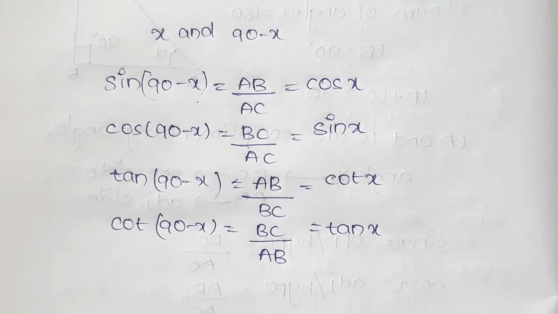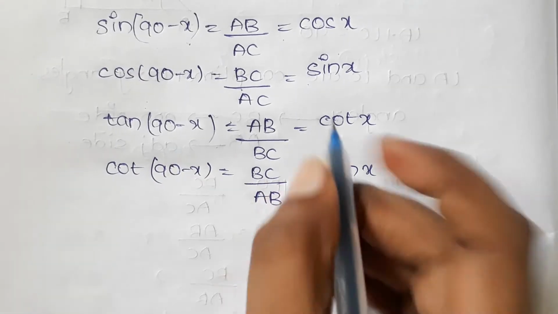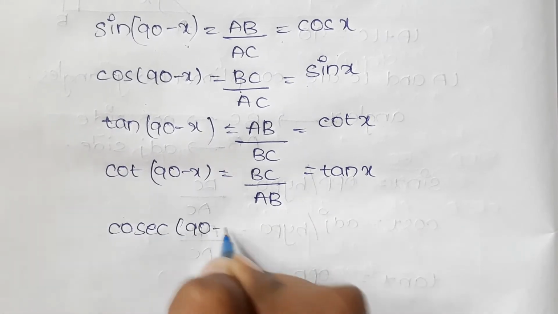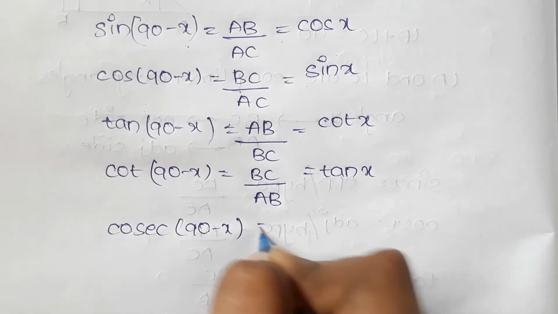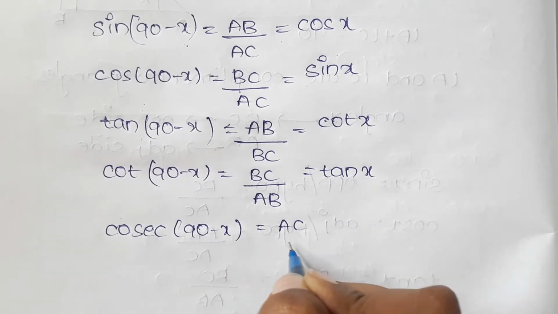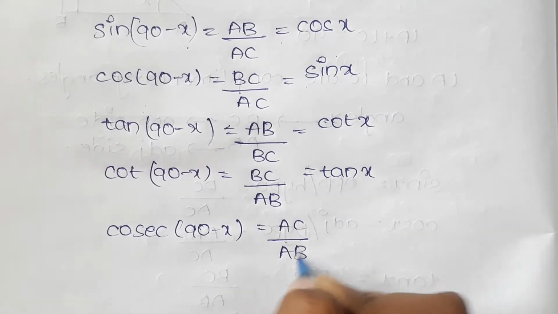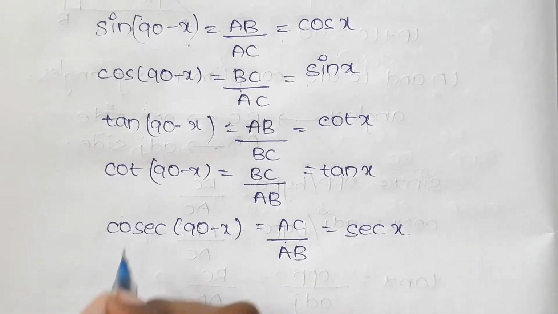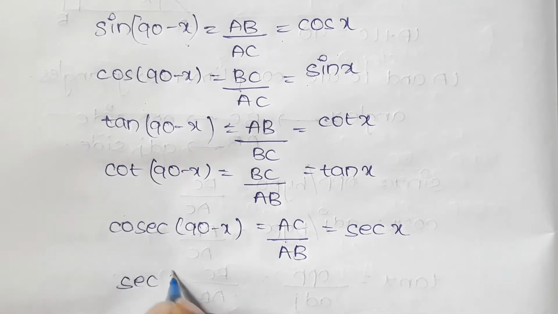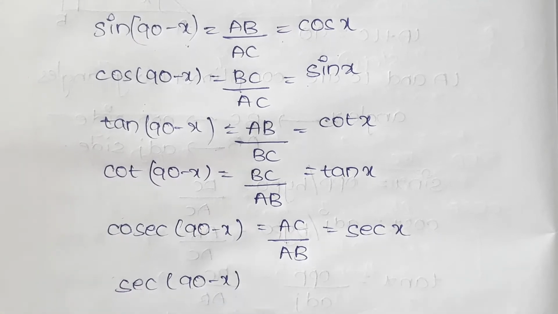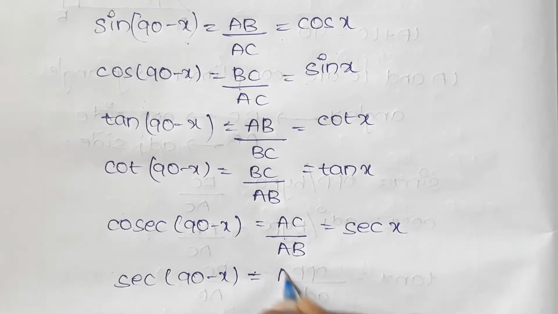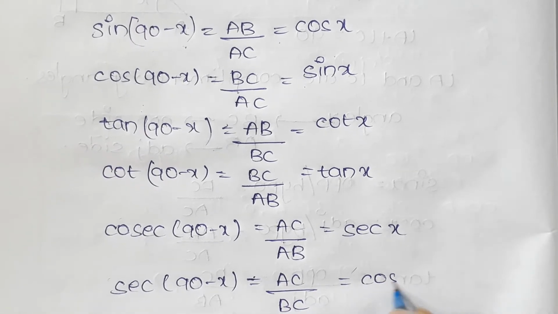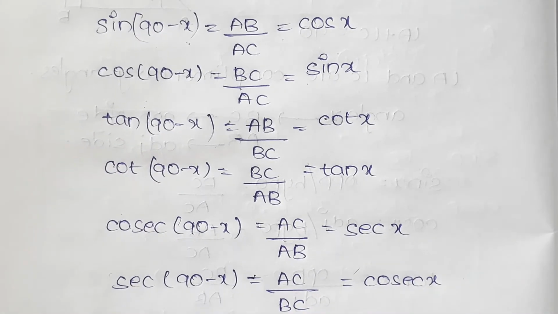And now here cosecant 90 minus x is AC by AB, which is nothing but secant x, and secant 90 minus x is AC by BC, that is cosecant x.